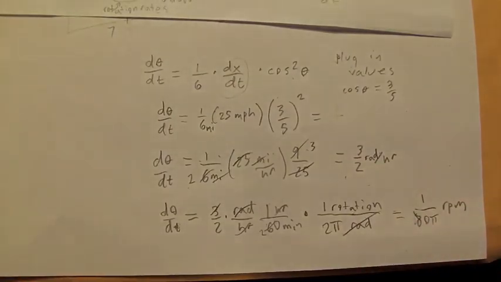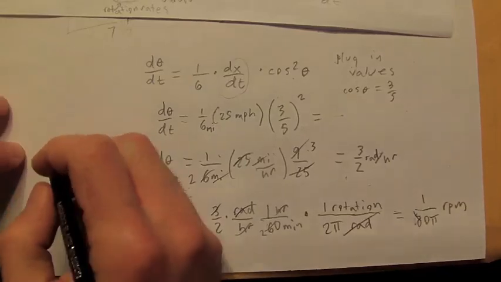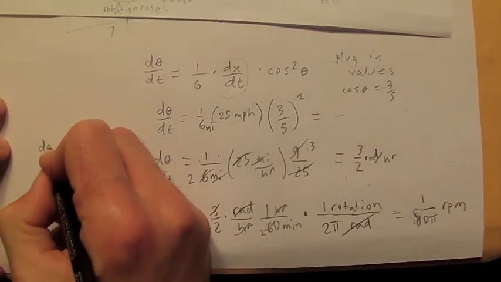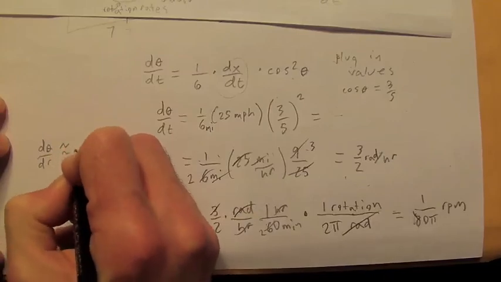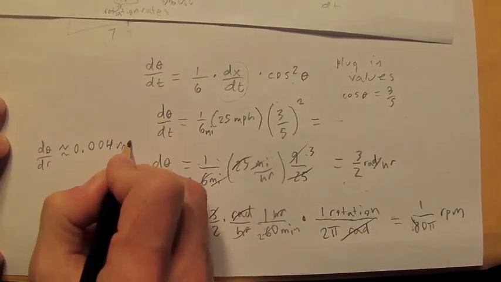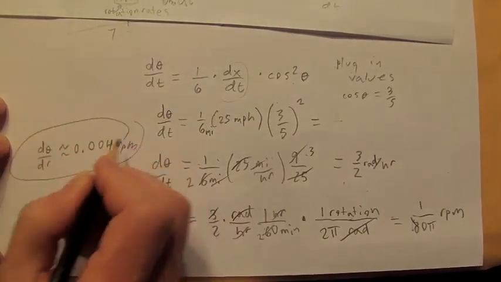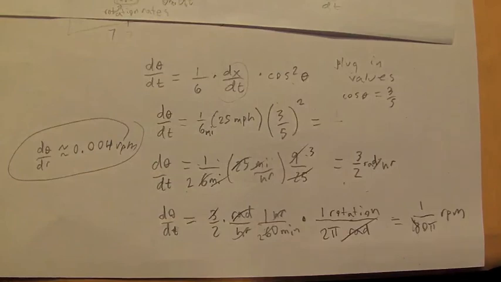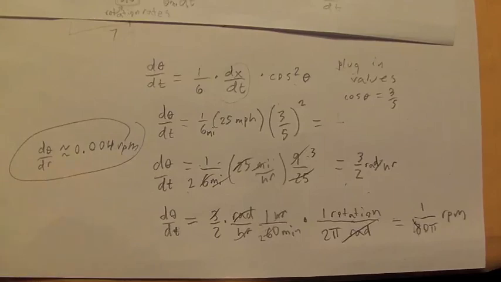Okay, so this is 1 over 80π, which is about the rate at which the angle is rotating, about 0.004 RPMs, depending on how you round. Just about every way you round, well, not every way, but in many ways, you're going to get about 0.004 RPMs.